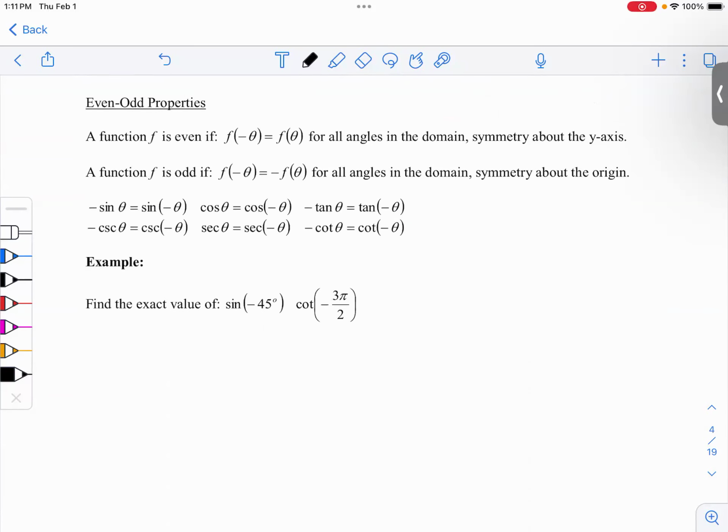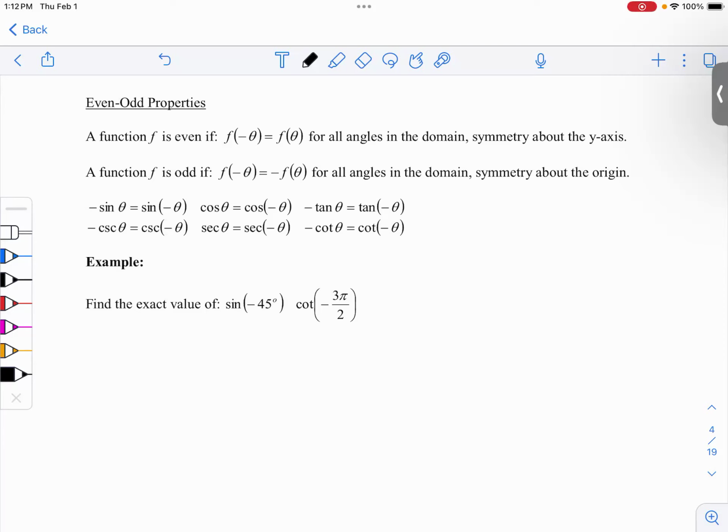Along those lines of continuing to build information, even in odd functions. Again, we're going to look at the graphs of these functions and we're going to get there in just a minute. But one other big thing to help us identify angles is remembering the properties of even and odd functions. And this is again algebra, right? An even function is symmetric about the y-axis.